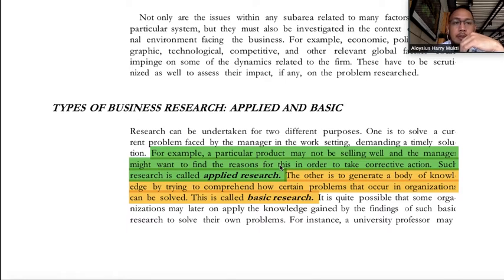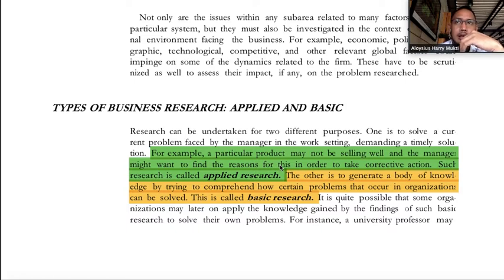Usually applied research is only specific to one case. So we cannot generalize applied research for the whole industry. Let me give an example. If we are focused on one corporate and discussing budgeting in that corporate, then the conclusion and the suggestion will be tailored and applied only for that corporation.